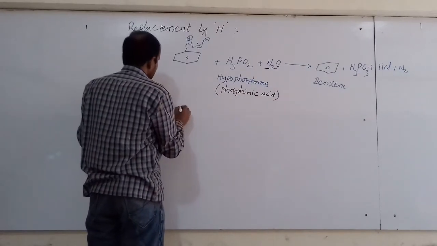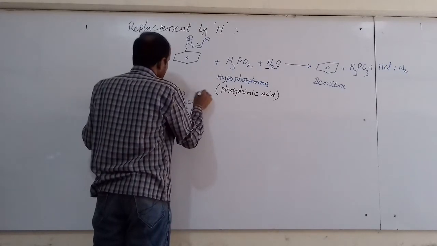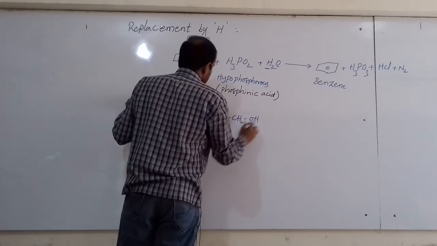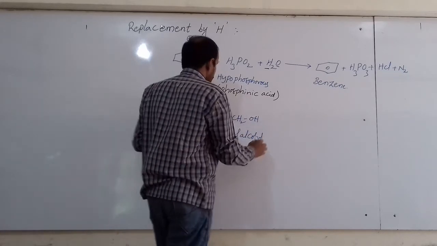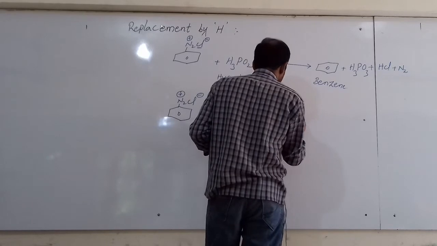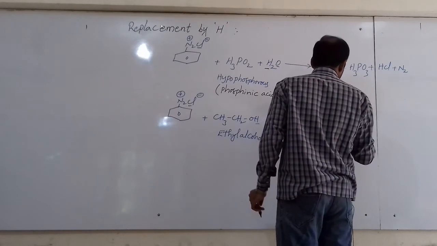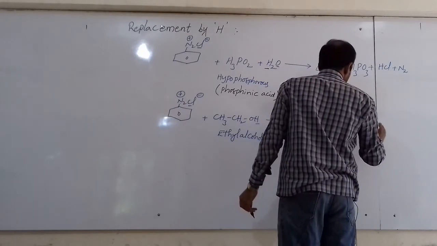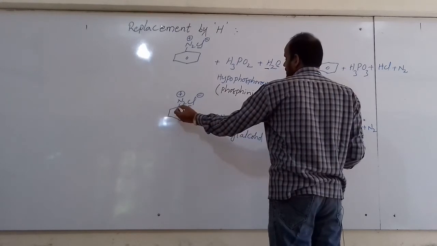And similarly, this benzene diazonium chloride reacts with ethyl alcohol also. With which one? Ethyl alcohol, CH3CH2OH. This is the ethyl alcohol. When it reacts, what happens? This hydrogen and this Cl are removed as HCl, and N2 is produced as N2 gas, and here one hydrogen is attacked on this benzene nucleus.